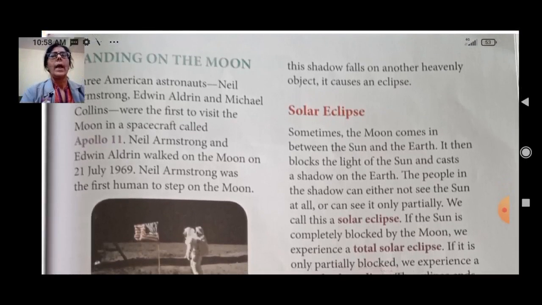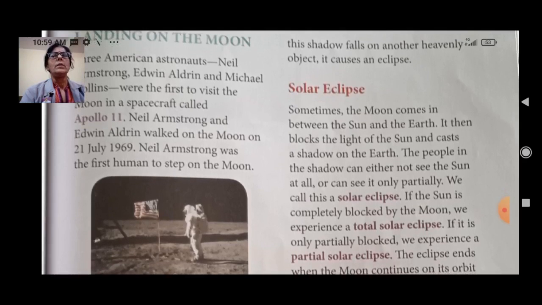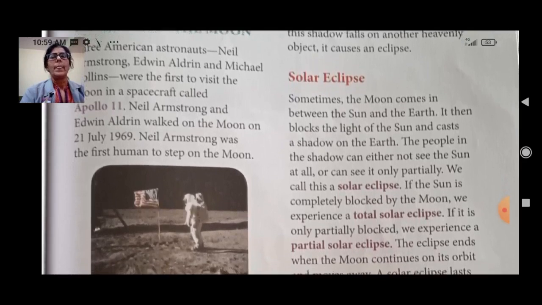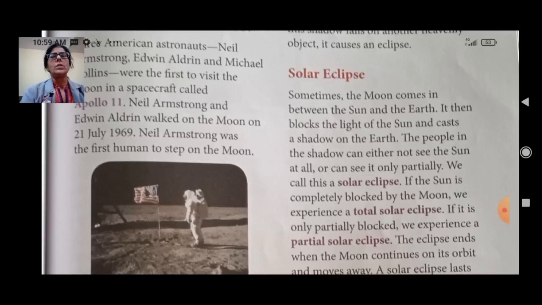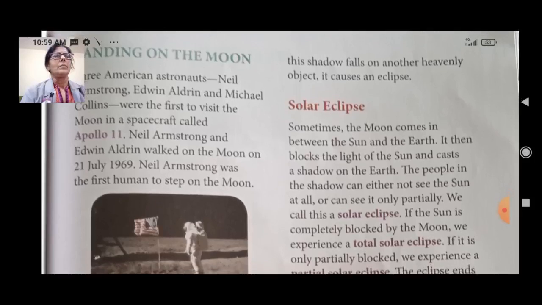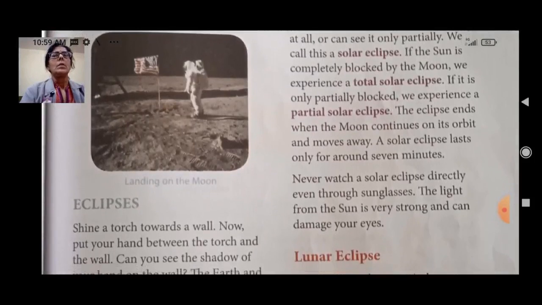Neil Armstrong and Edwin Aldrin walked on the moon on 21st July 1969. Neil Armstrong was the first human to step on the moon. Here you can see the picture. One person is walking on the moon.